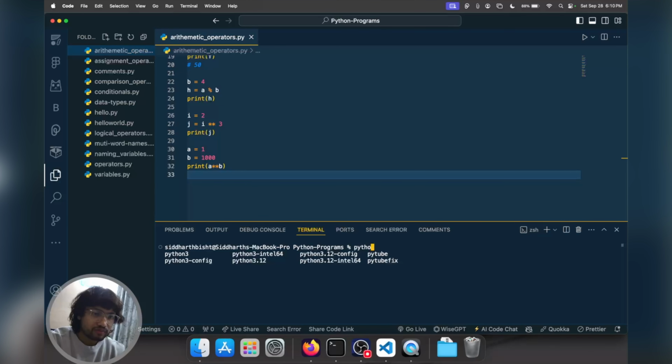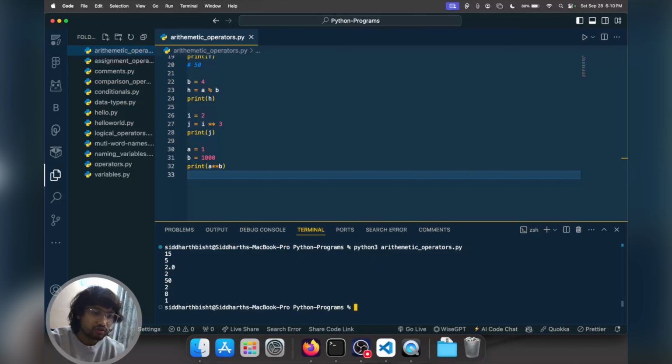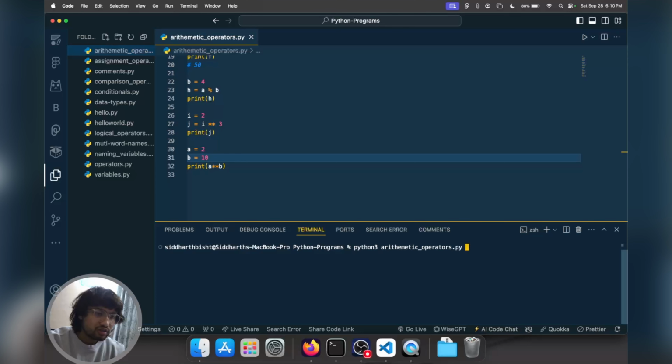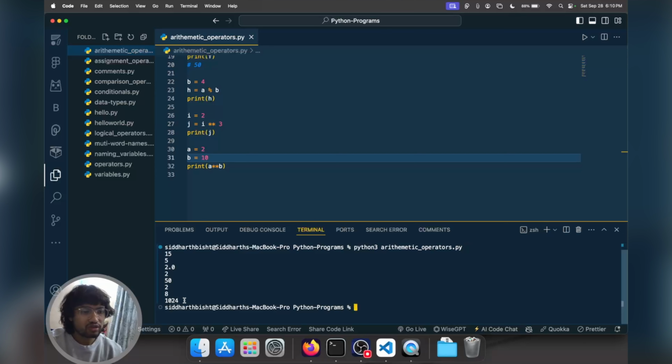Running python3 arithmetic operators.py, you can see it is just 1. But if I do 2 instead, to the power of 10, then what will it print? It will print 1024, as you can see here.